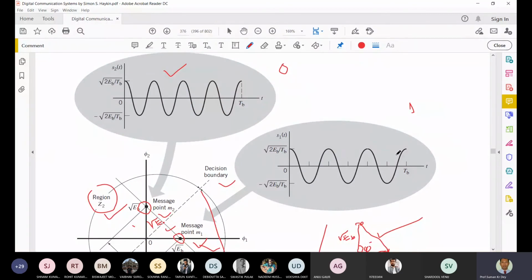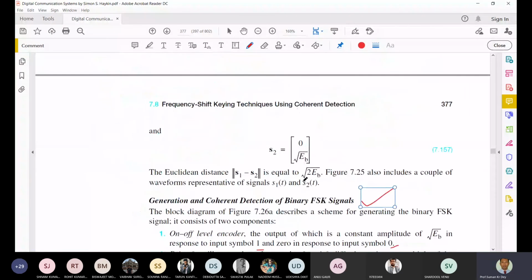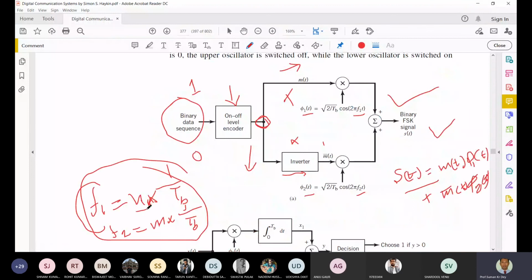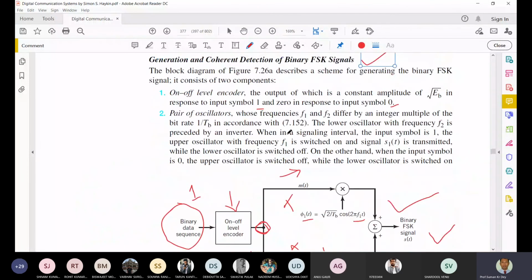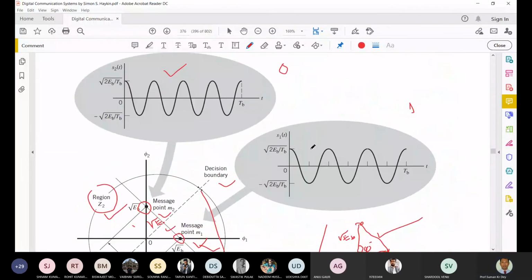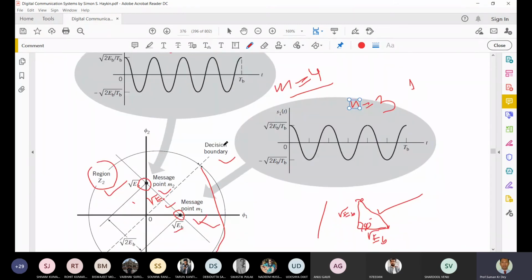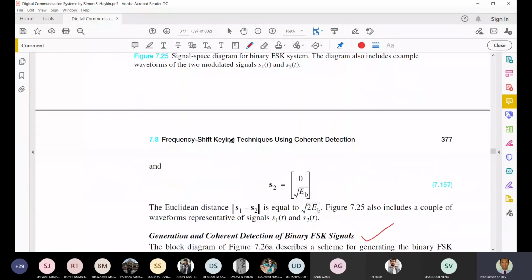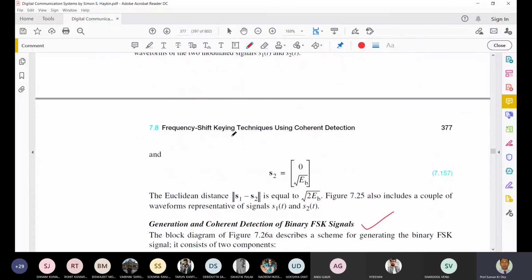If we do not consider F1 as an integer multiple of this, what will happen? Suppose N equals 3, and M equals 4 here. We have considered two different values, and that integer value should be different because we are considering two different frequencies. F1 and F2 are different, so M and N should be different.